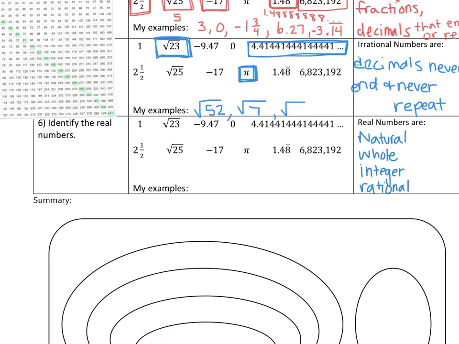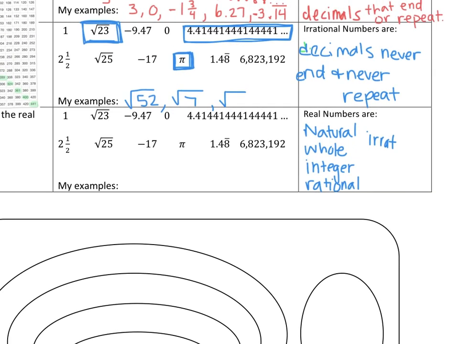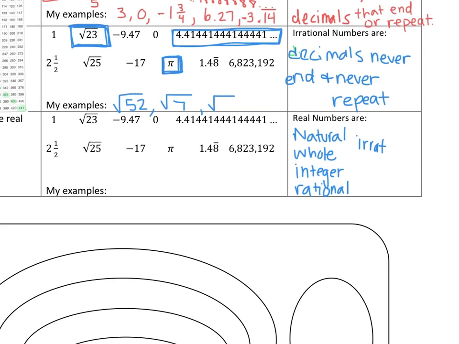And they are irrational. Right now, I'm going to take a guess that most of you only know real numbers. There is such a thing as imaginary numbers, but we're not on that yet. I'm going to take a guess that most of you are thinking about just real numbers. Okay, so each of these ones are natural.